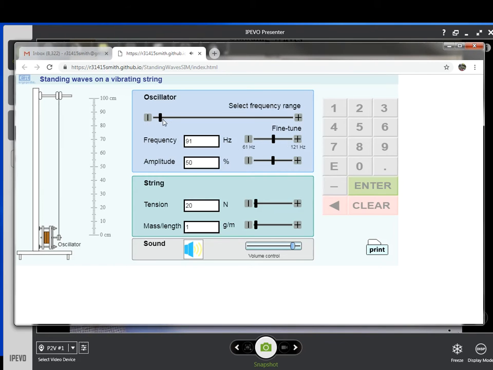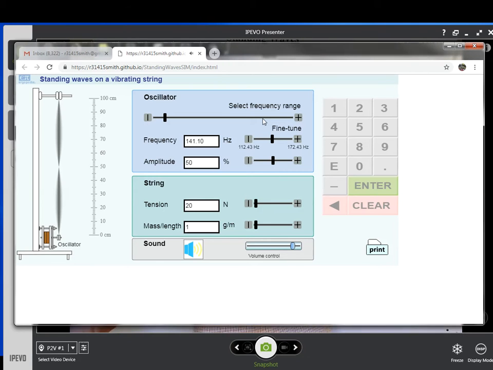And if we continue up, it looks like at n equals 2 is f2 equals 141.1 hertz. And it looks like we have 2 half wavelengths that appear.